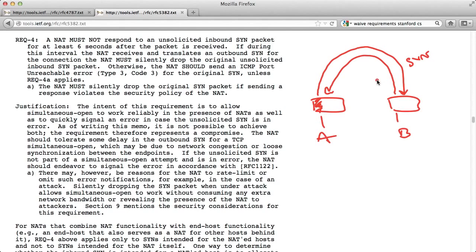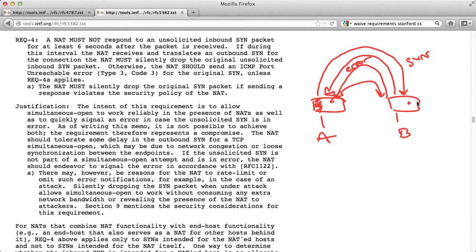And then when B tries to do its own simultaneous open, that state is now torn down, and that's going to fail. So the idea here is that if B has to wait at least 6 seconds, the assumption is that B and A, if they're doing a simultaneous open, are going to try to do so within 6 seconds of each other. That's what simultaneously means.